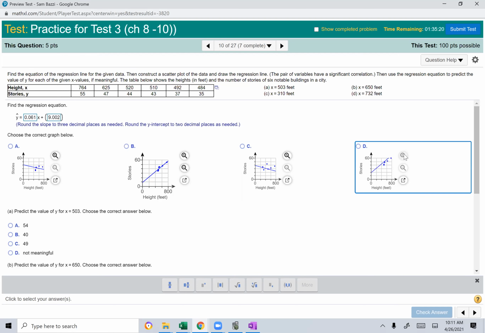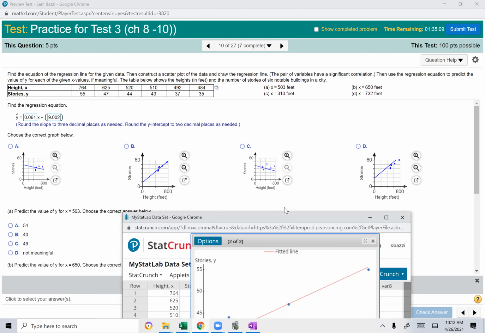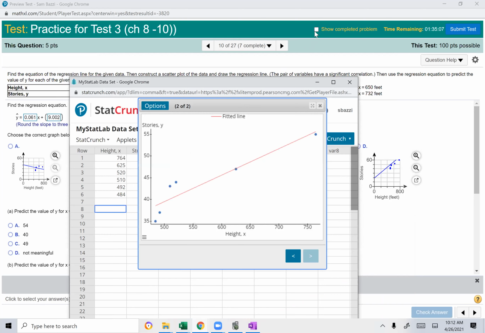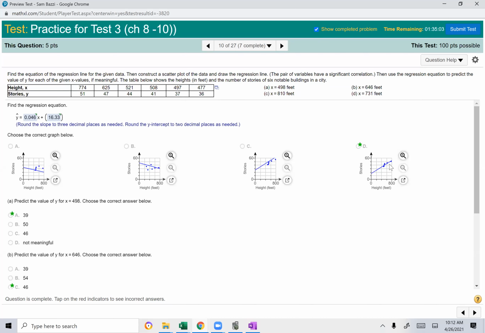And here, a 10. Any suggestion? It will turn out to be this right here. It's D.